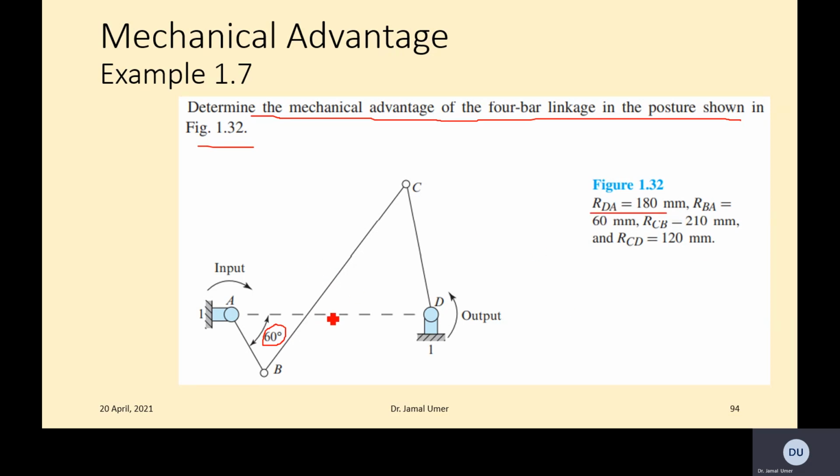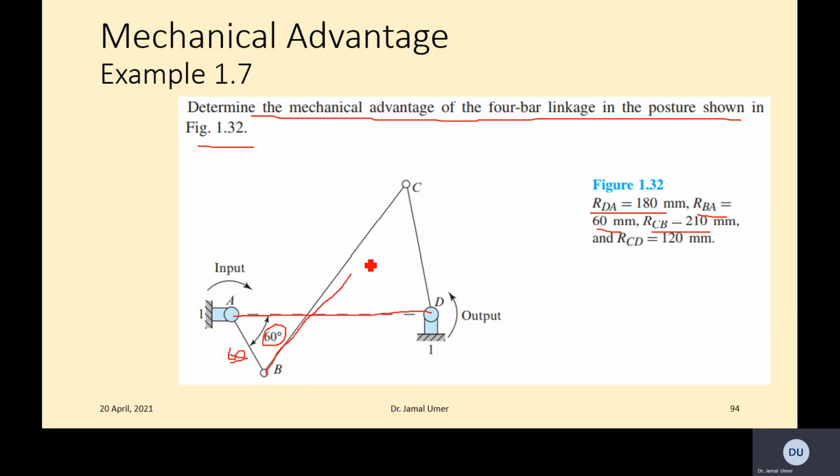So this is RDA, the frame, the fixed link, which is 180 millimeters. RBA is 60 millimeters. This is the input we are giving, the driver. So the AB link is 60 mm, and RCB is 210, the longest link.